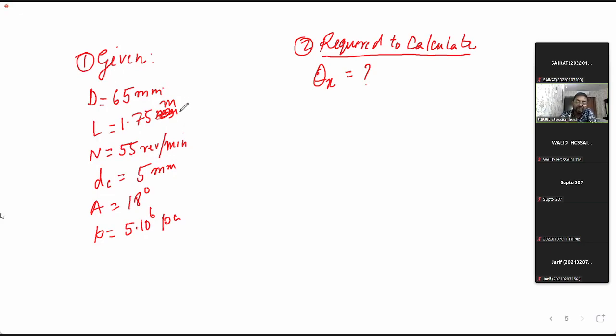For length, we can make it all millimeter or meter. If we convert to meter, it will be 65 times 10 to the minus 3 meter. The length is already in meter. The channel depth will be 5 times 10 to the power minus 3 meter.